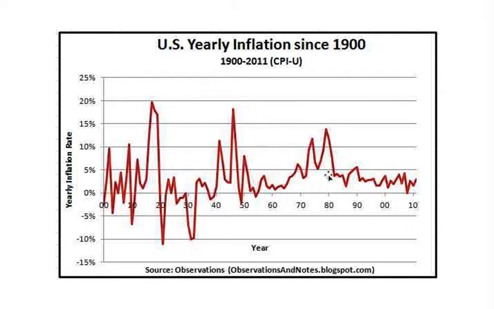Now it's a lot more stable. Yes, you had this inflation in the 1970s that was pretty high, but other than that, our inflation has basically been between about 0 and 5% this whole time, from 1950 to, well, now.